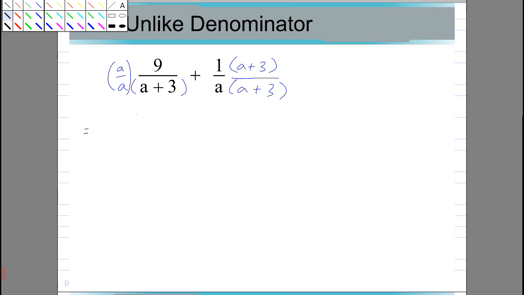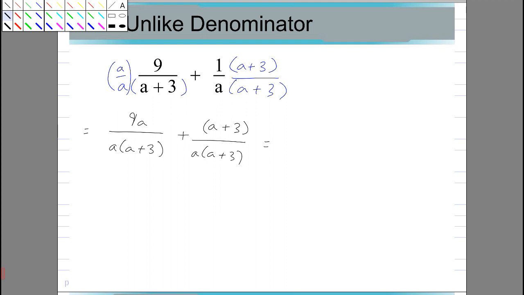So that gives me 9a over a times a plus 3 plus an a plus 3 divided by a times a plus 3. 1 times anything is just that. Now, if I combine these, now they have the same denominator. I'm leaving it that way.